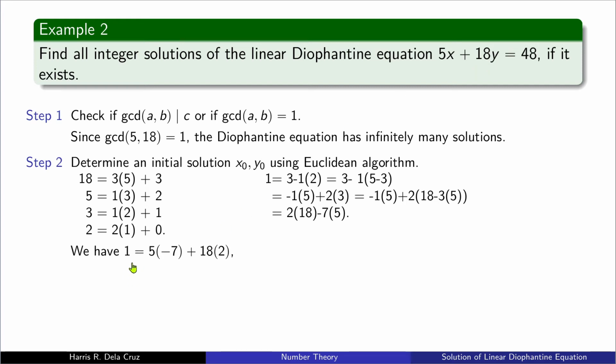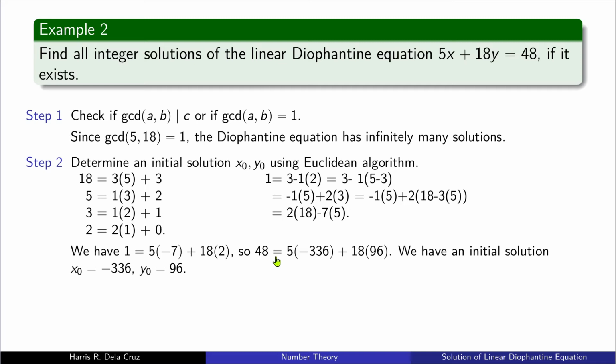We multiply 1 by 48. So multiply everything by 48, we have 48 equals 5 times negative 7 times 48, which is negative 336, and 18 times 2 times 48, which is 96.